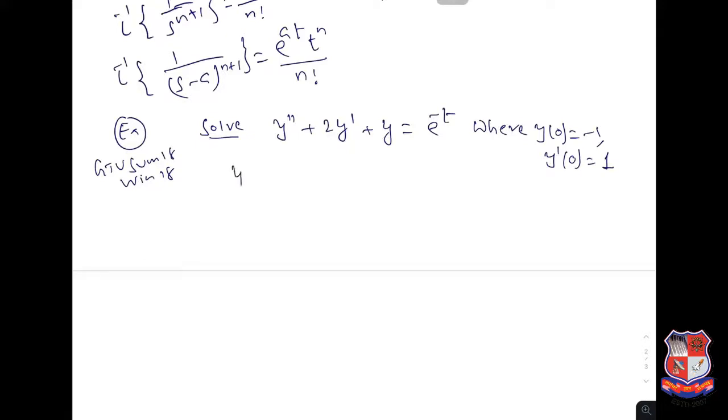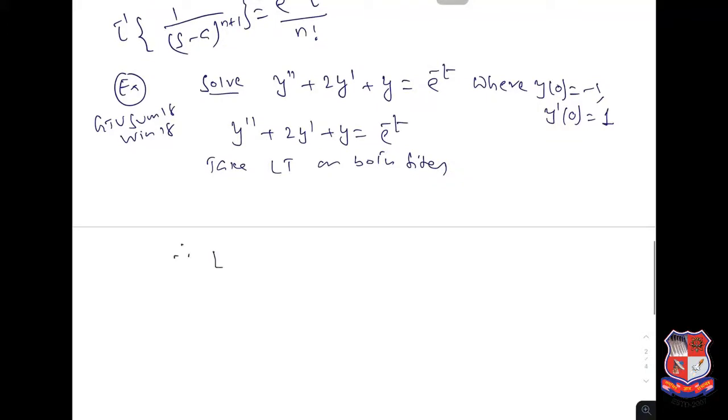Now, so here we are having y second derivative plus 2y derivative plus y equal to e power minus t. So we take Laplace transform on both sides. So therefore, Laplace transformation of y second derivative plus 2 Laplace transform of y derivative plus Laplace transformation of y equal to Laplace transformation of e power minus t.